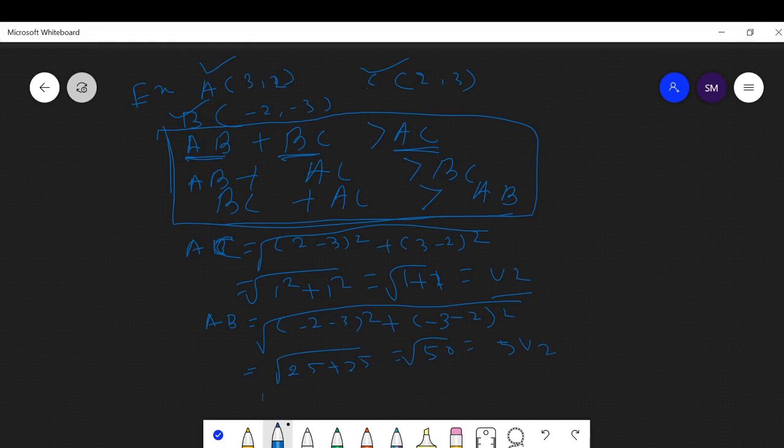Then in the same way BC is equal to square root of (minus 2 minus 2) whole square plus (minus 3 minus 3) whole square.